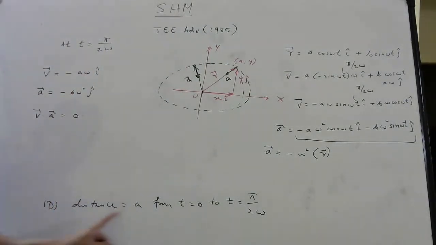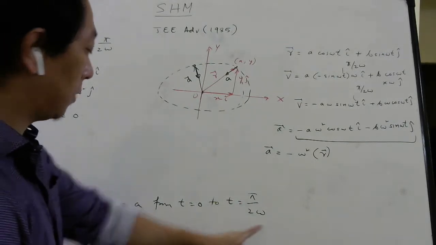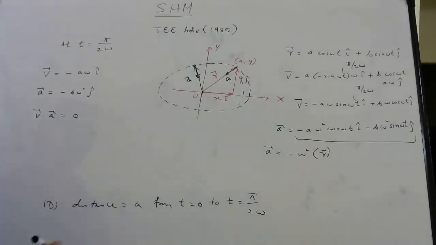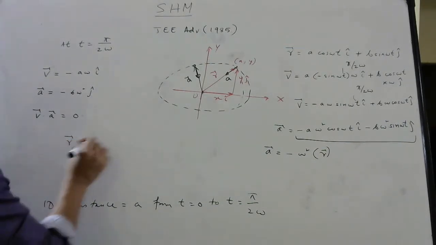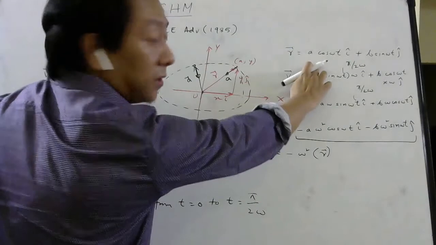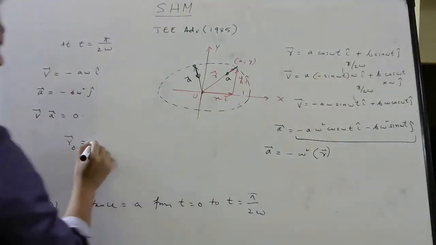D, distance traveled from t equal to 0 to t equal to pi by 2 omega is a. At t equal to 0, what is your position vector? This is the formula for the position vector. Put t equal to 0, this will be a cos 0, which is 1, so it will be a i cap.